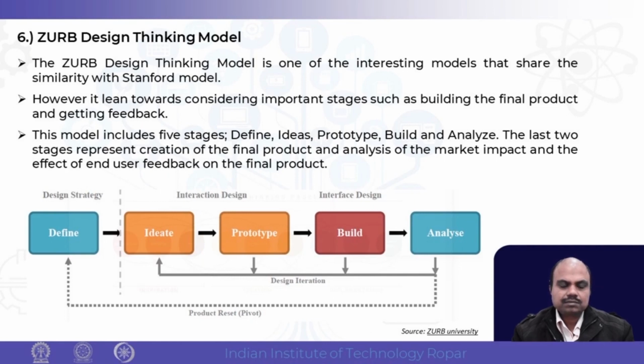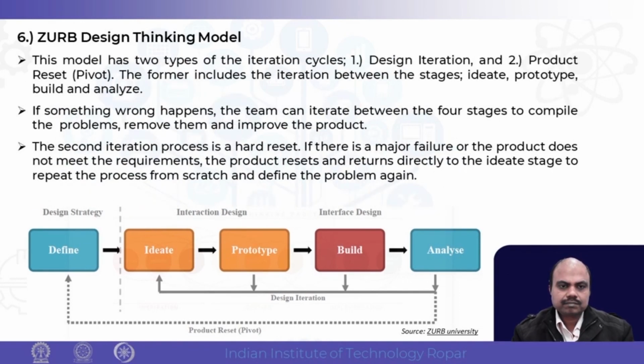In this case, if you see, first is design strategy, that is called defining, then interaction design is the ideate and prototype, then build and analyze. So basically it is an iterative cycle. This model has 2 types of iteration cycle: one is design iteration, and the other is product reset, or pivot.